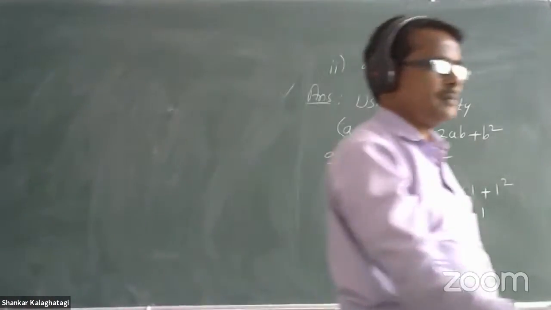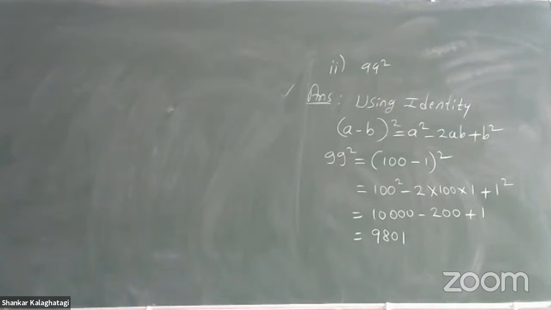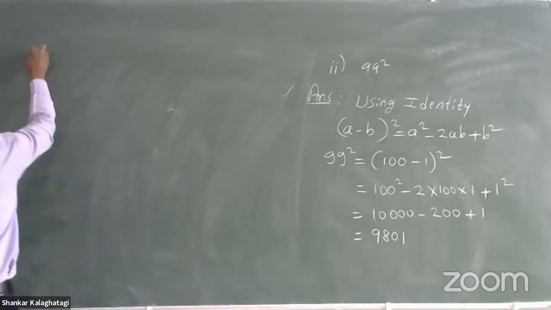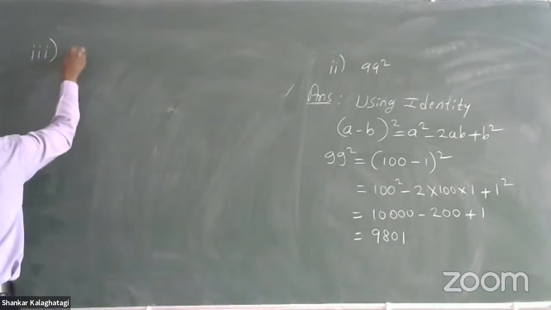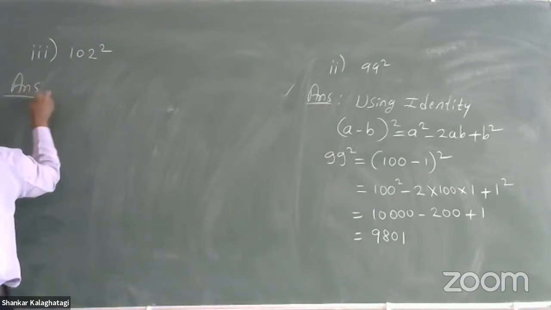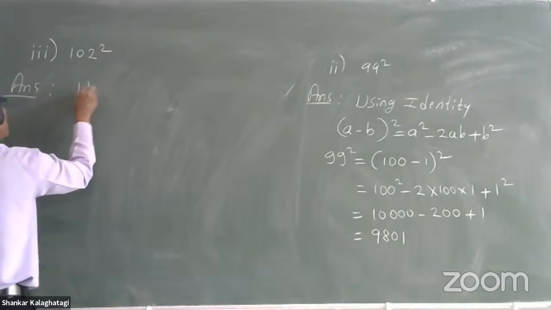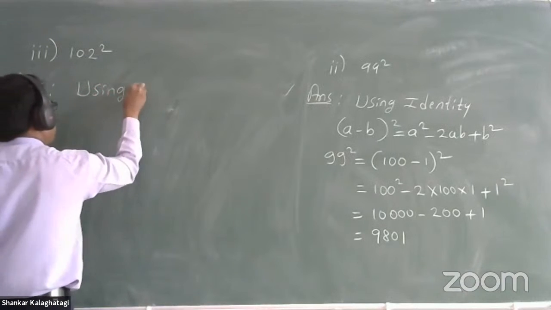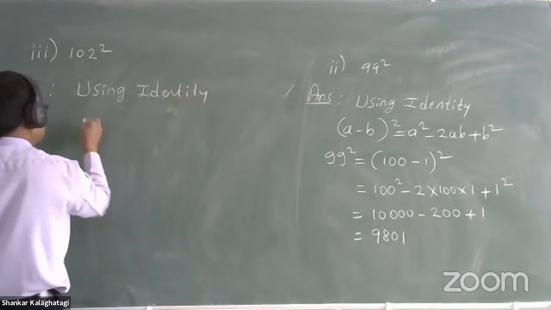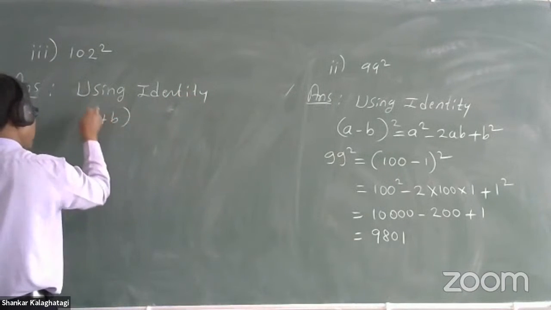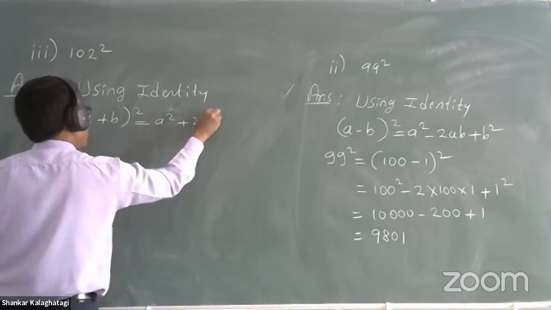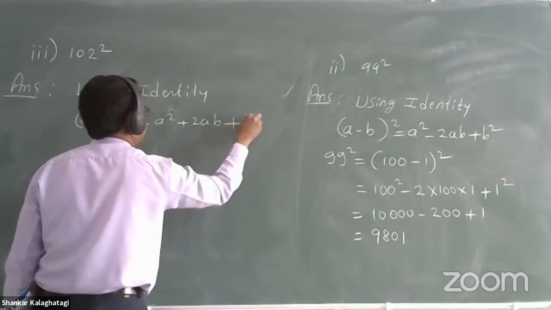Next, 102 bracket square. Third one, 102 square. Which identity? First identity, a plus b bracket square equal to a square plus 2ab plus b square.